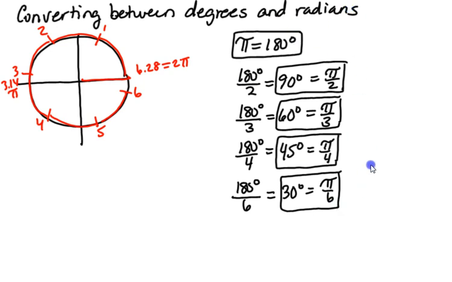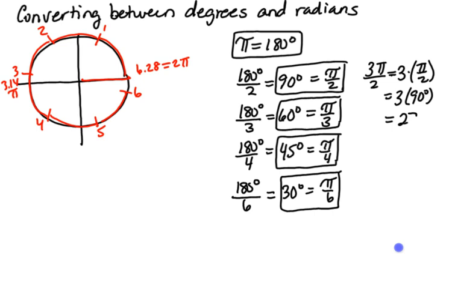If you can remember these ratios, then you can figure out any of the other angles you need, because all of the other special angles are multiples of these angles. For example, what is 3 pi over 2 in degrees? 3 pi over 2 is 3 times pi over 2, which is 3 times 90, which is 270.